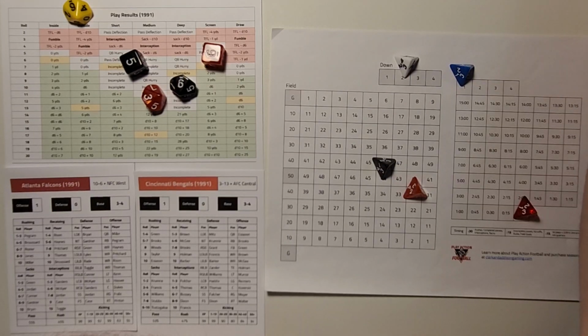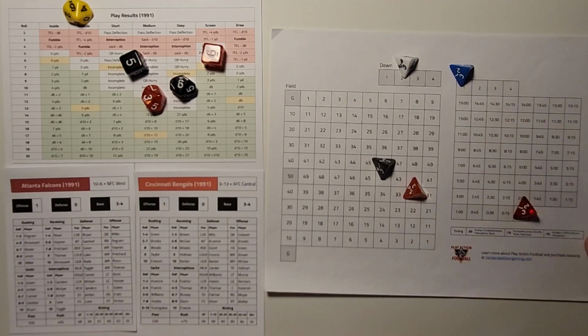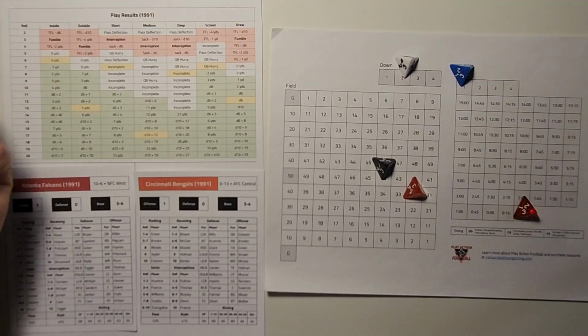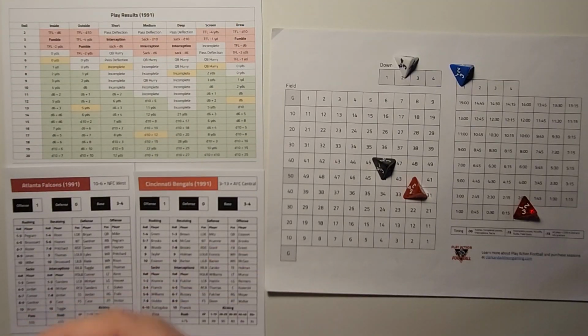Sorry, messed up again on my counts here. So Mike Rozier, that was good for 8 yards. And that's going to bring up second down and 2.